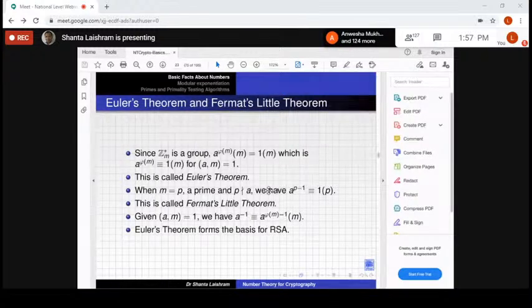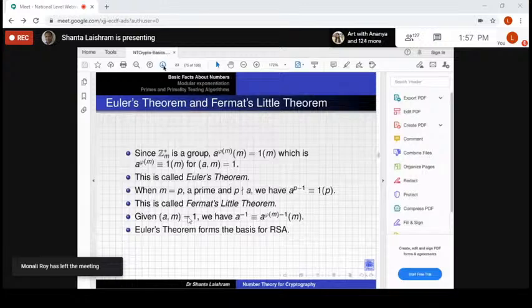So we usually use the earlier way, the GCD algorithm, to compute the inverse mod M. And by the way, Euler's theorem is the basis of the RSA algorithm, which is one of the most widely known algorithms.